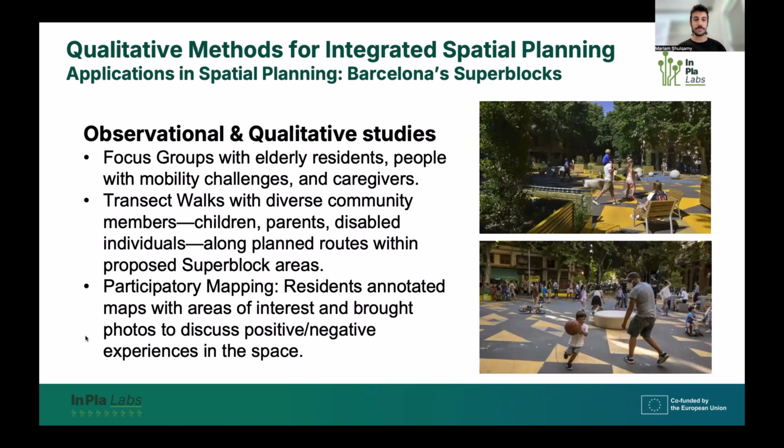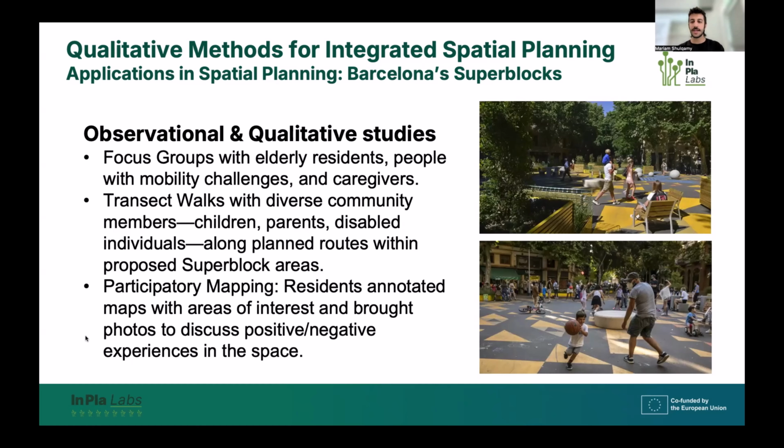Moving on to some examples, and I think the superblocks are coming up again and again because they are quite a useful and interesting example to discuss integrated planning approaches. So for Barcelona superblocks, qualitative methods were used in the project in multiple phases.